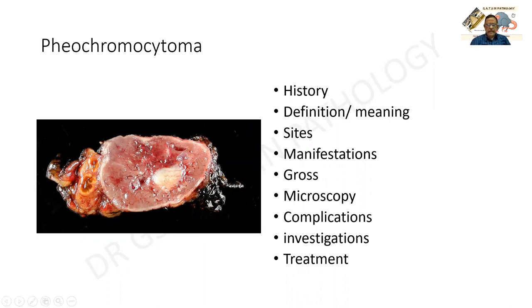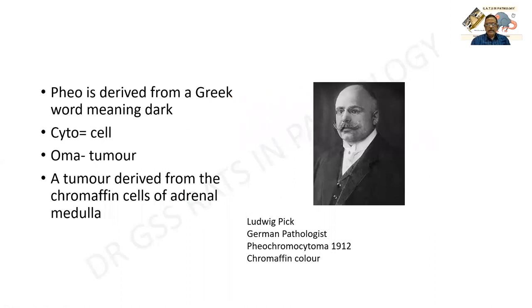And in the adrenal, there is a fleshy reddish brown tumor, which can be a pheochromocytoma, well circumscribed. The word pheo is derived from a Greek word meaning dark, and cyto is cell.